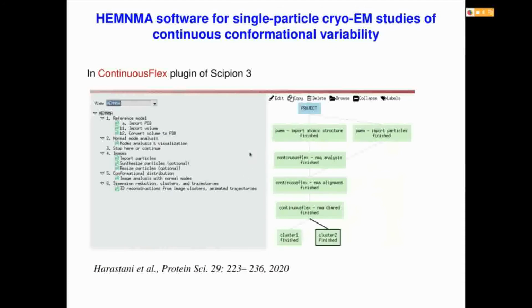So here is how the graphical interface for this HEMNMA method looks like in the latest version of Scipion 3. You need to follow the protocol, like the steps 1, 2, 3, 4, 5, and then you will perform the whole protocol. I need to point out here that there is one part that is done kind of to be pedagogical.